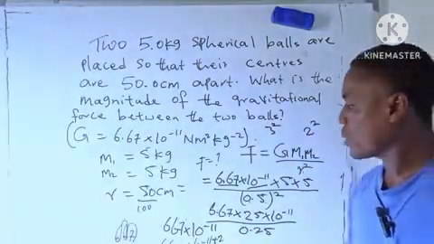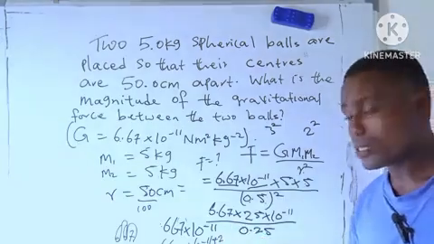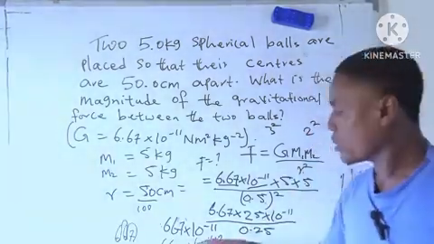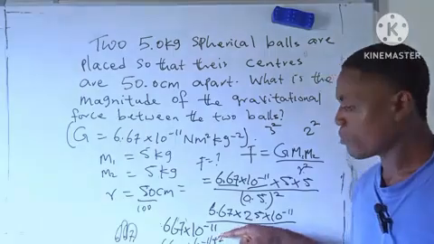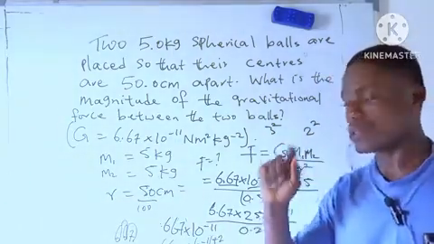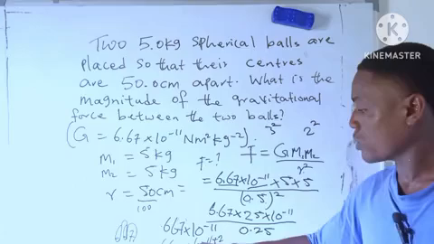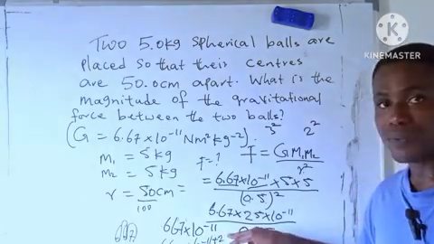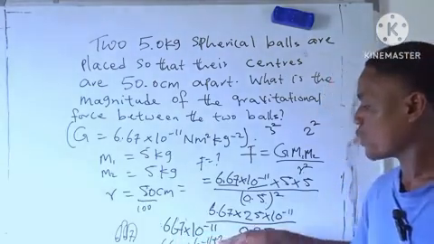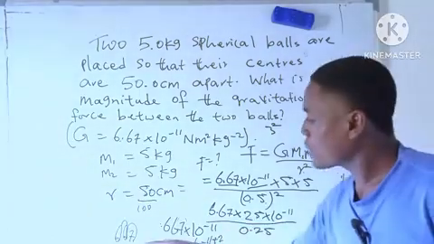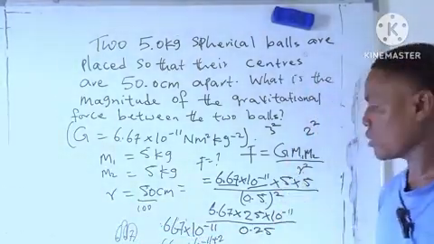Are you getting the explanation? Meaning that if you are moving the decimal point backward, you add. But if the decimal point is moving forward, you minus. So please take note of this explanation. In this case, we move the decimal point backward, so we add.